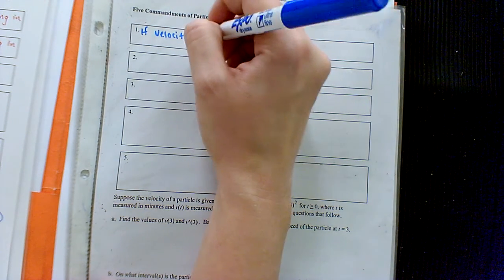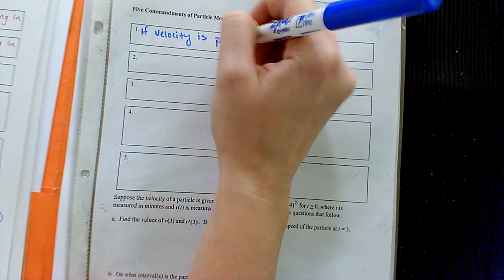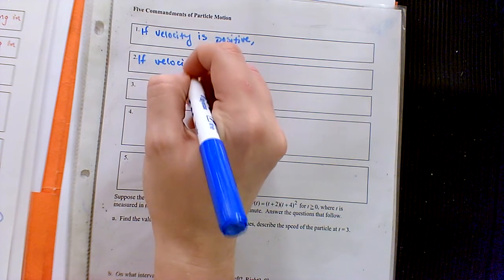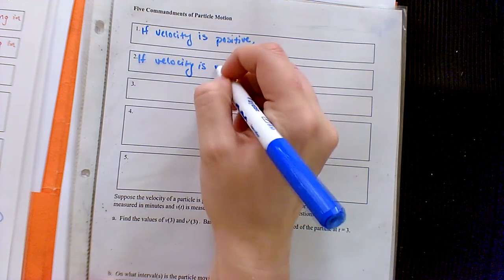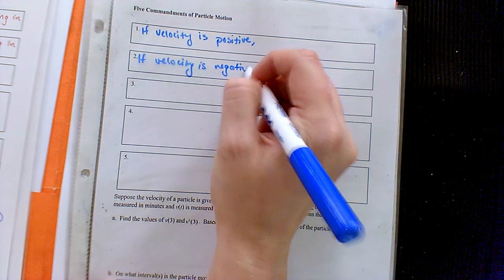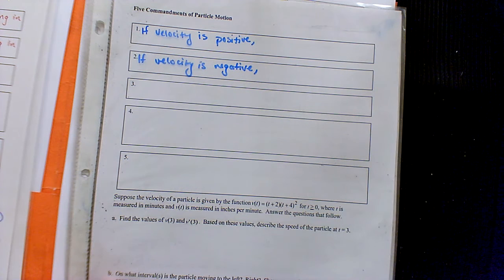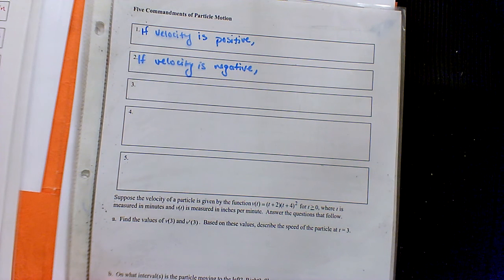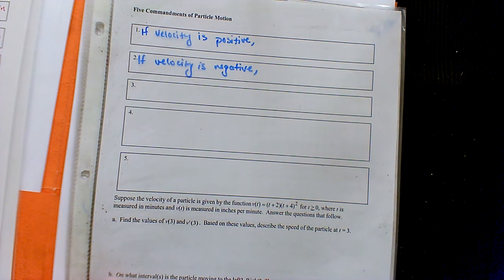So if velocity is positive, and if velocity is negative. These two we've already briefly mentioned before. It's the other three that we might have to discuss more in depth, but I think we're okay with these two. If velocity is positive, what can we say about the motion of the particle?